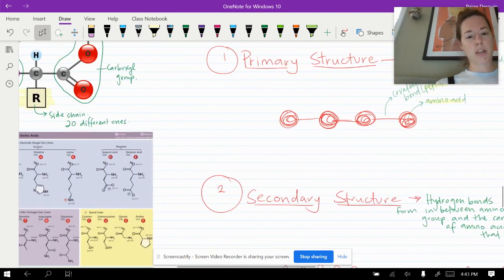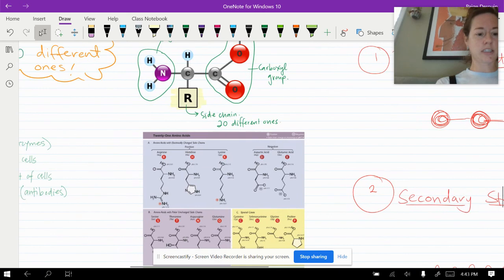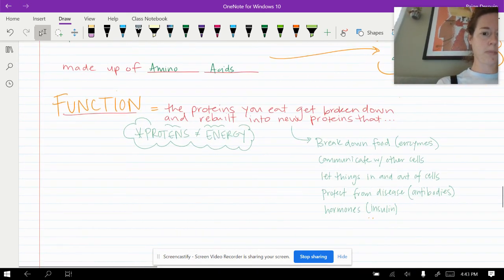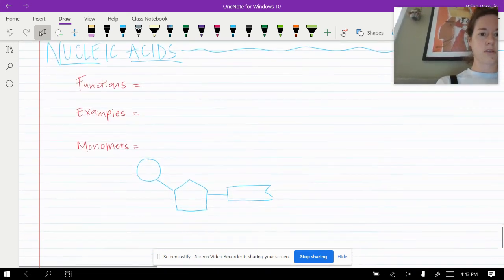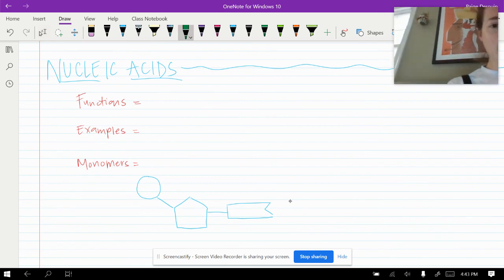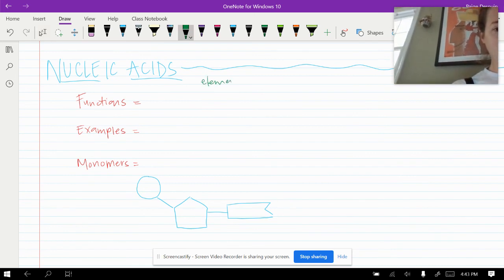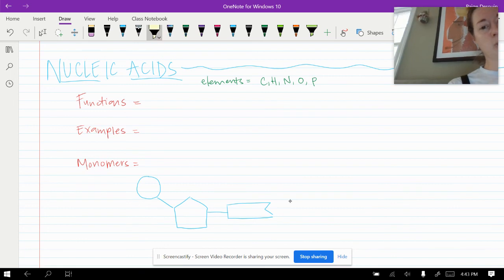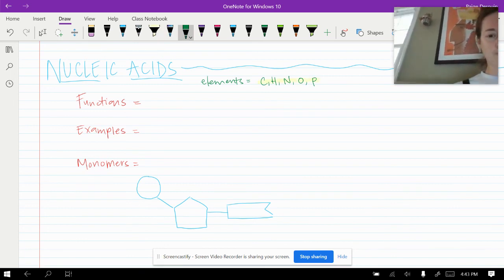Our last biomolecule is nucleic acids. It's short. So nucleic acids, the elements are carbon, hydrogen, nitrogen, oxygen, and phosphorus. So almost all of those ones that last week we talked about were found in all living things.